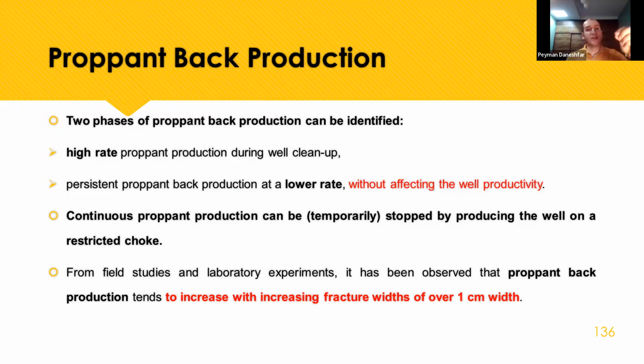Continuous Proppant production can be controlled by producing the well on an unrestricted choke, but it's not good because washout of the choke will occur. From the full-scale laboratory experiment, it has been observed that Proppant back production tends to increase with increasing fracture widths of over 1 centimeter.